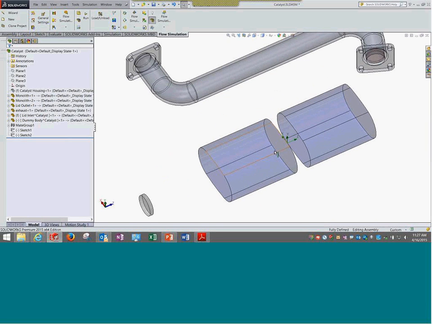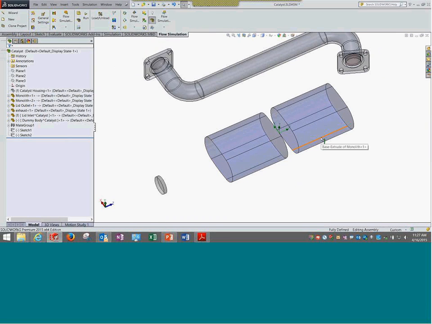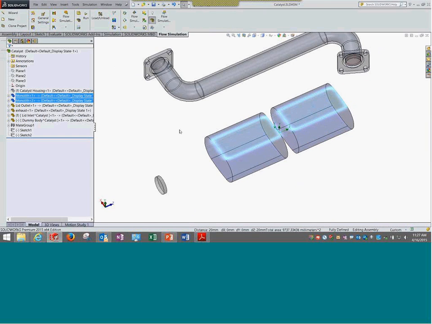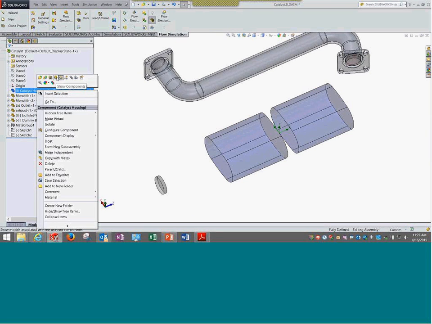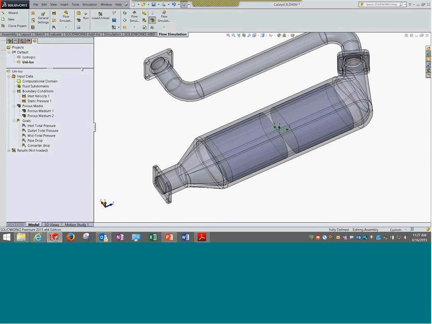By now you should be comfortable: we are hiding or using the component control, actually disabling those components. So what is this one? And here there is one more dummy component, somewhere in the front. I believe that is also used for measuring.